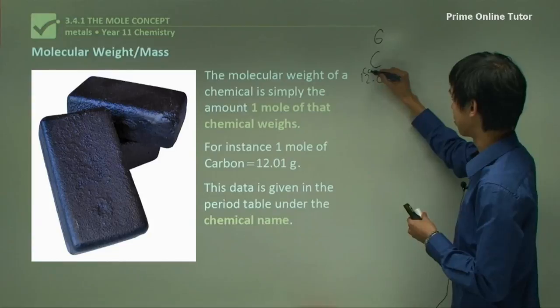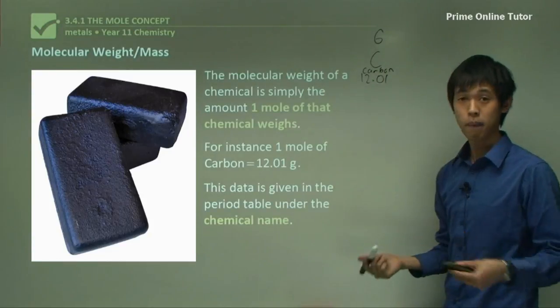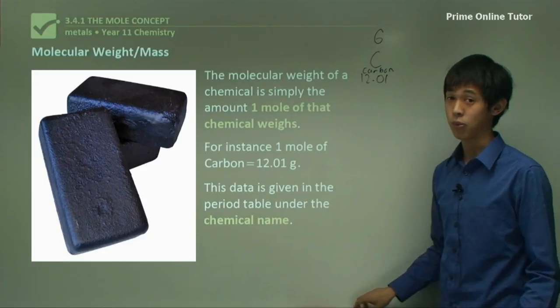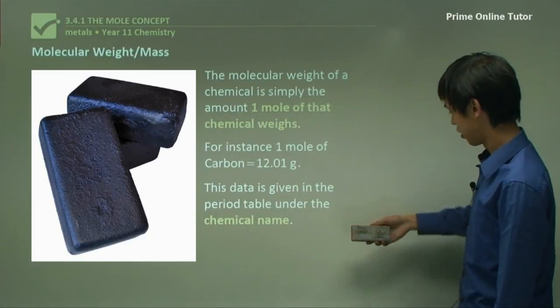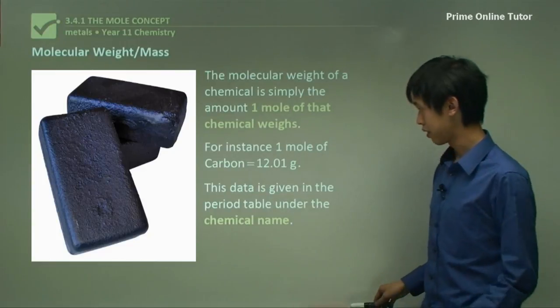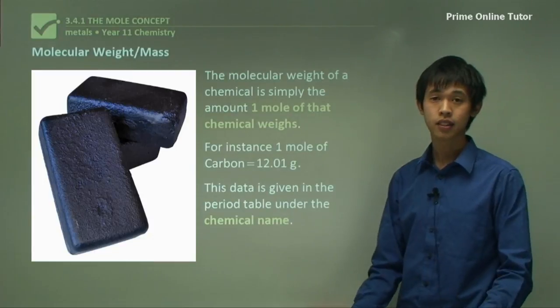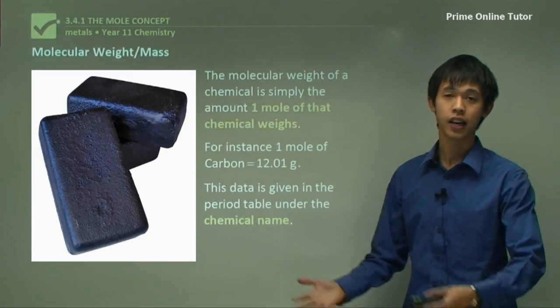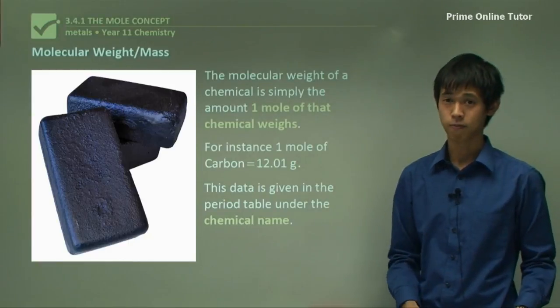Maybe the word carbon will actually be here. And then underneath it will be a number, and that number is the molecular weight that I'm talking about. Okay? So that's good. That allows us to transfer any units in mass, any measurements we make in mass, and it allows us to convert that into moles. And I'll explain how to do that in just a second.